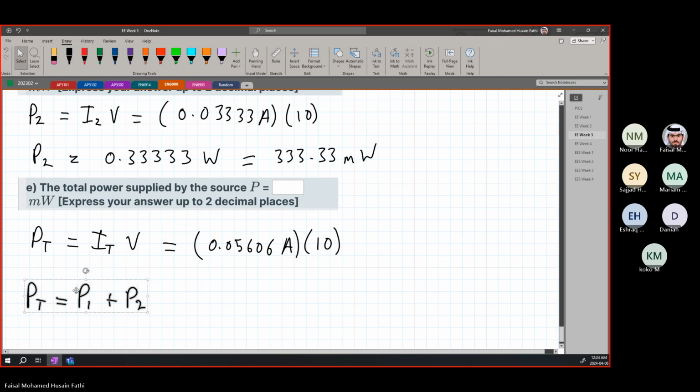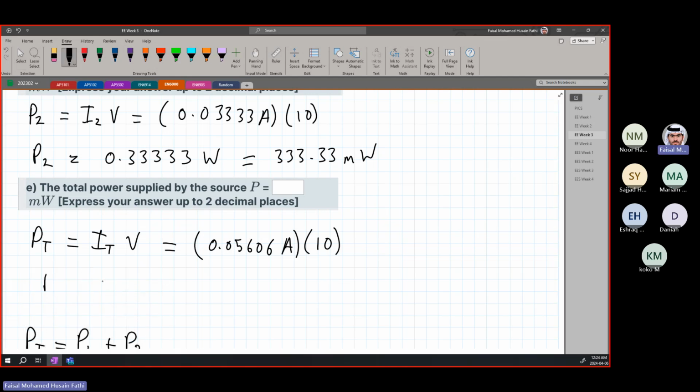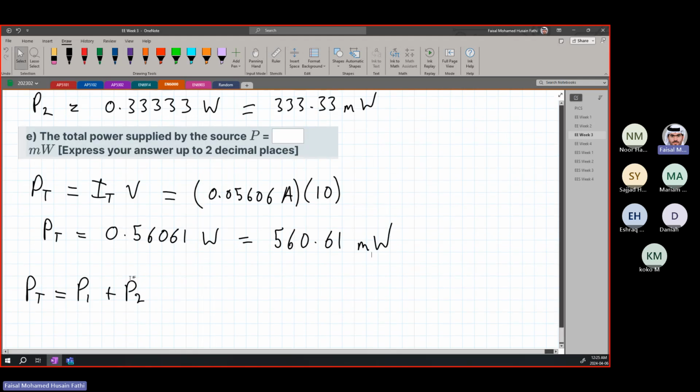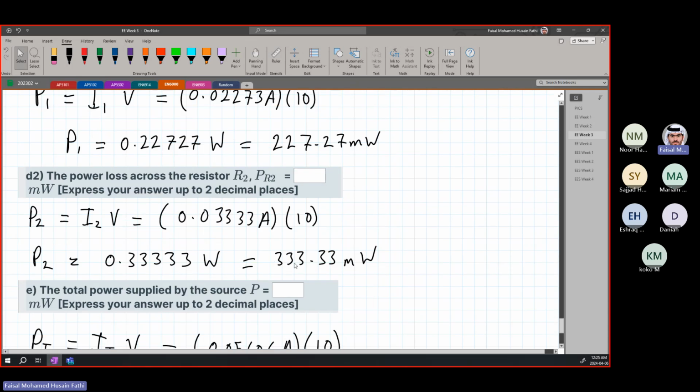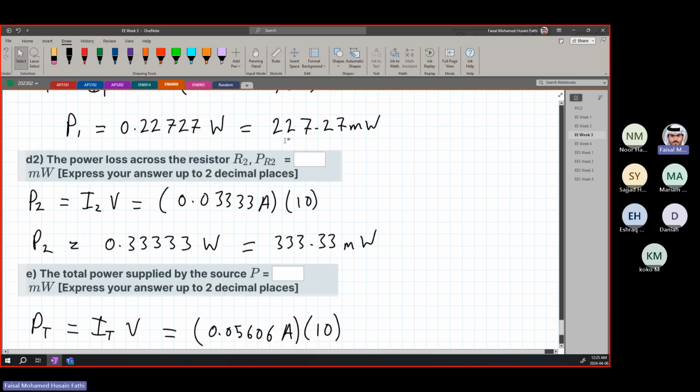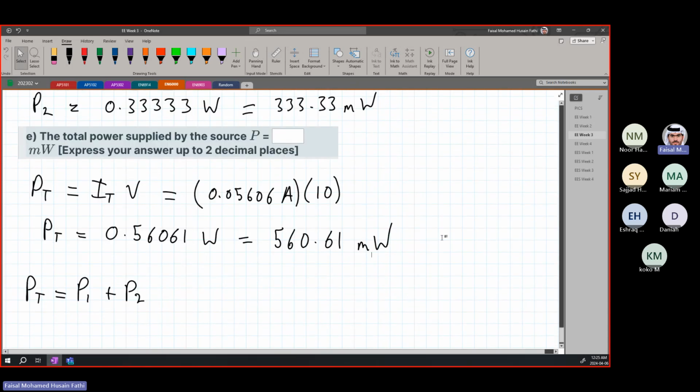So power total is going to be equal to 0.56061 watt, which is equal to 560.61 milliwatt. And if you check P1 plus P2, 333 plus 227 is equal to 560, so it is correct. Okay? And this is it.